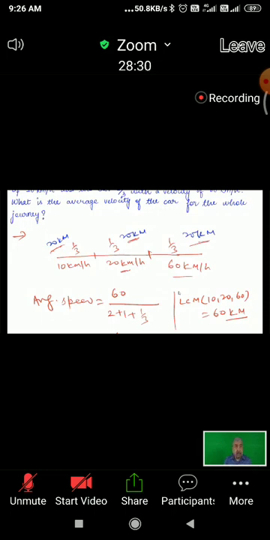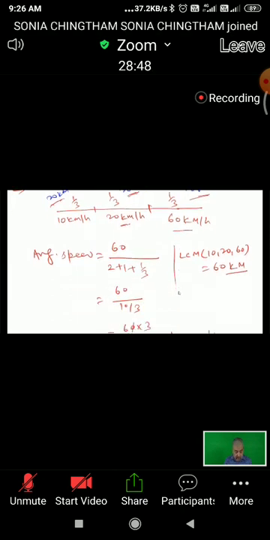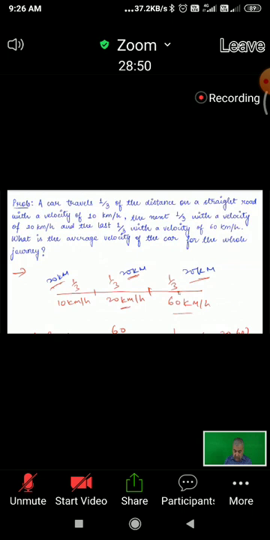Average speed is total distance traveled, 60 kilometers, divided by time. First 20 by 10, 2 hours. Next 1/3 distance, 20 by 20, 1 hour. Last 20 kilometers with a speed of 60, 20 by 60, 1 by 3 hours. So calculate now. This is the question.